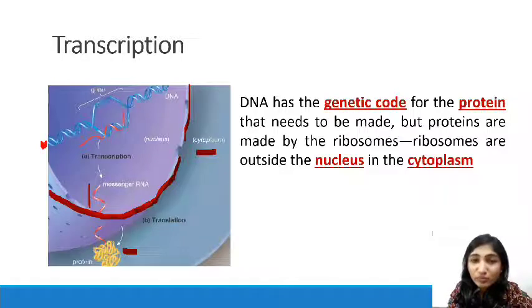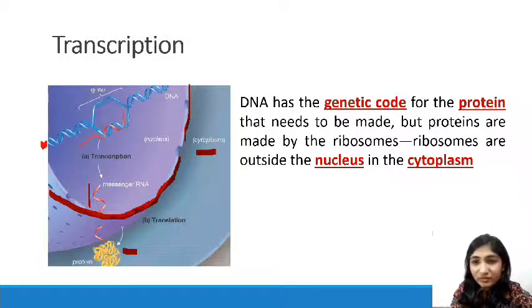So that information needs to come out, and it can come out through the disposable copy of DNA, that is nothing but RNA. So transcription is nothing but DNA to mRNA, messenger RNA, to bring that information from the nucleus to the cytoplasm.